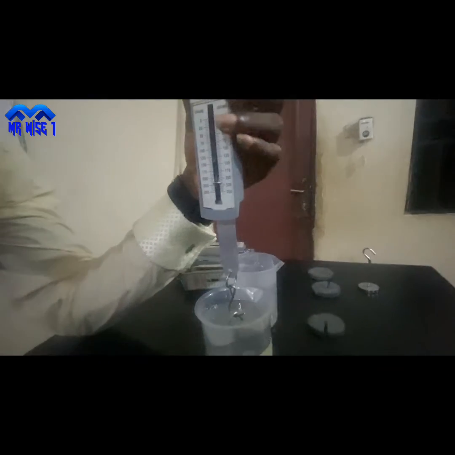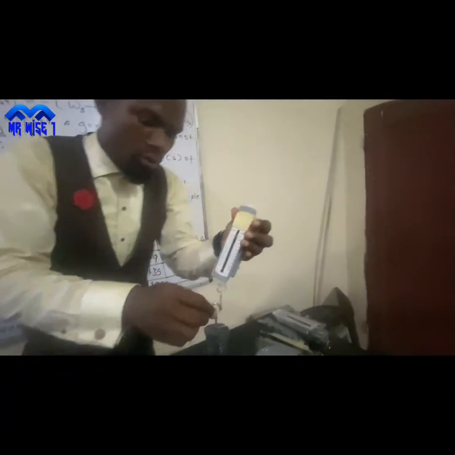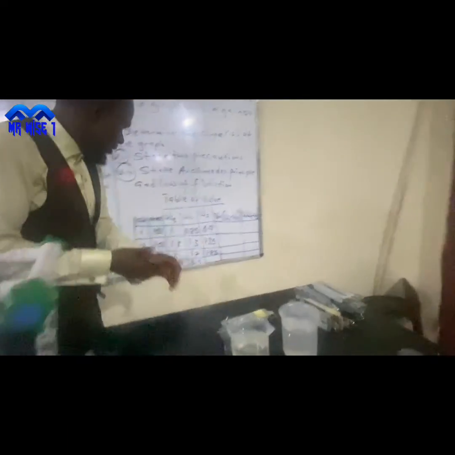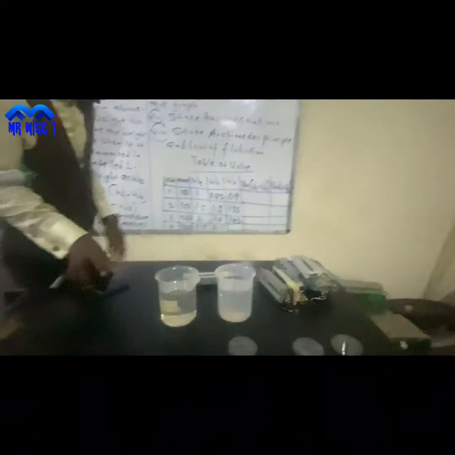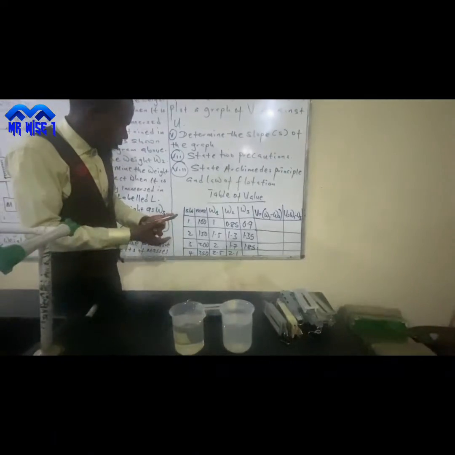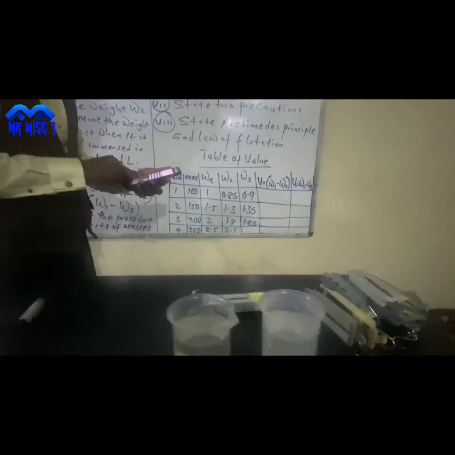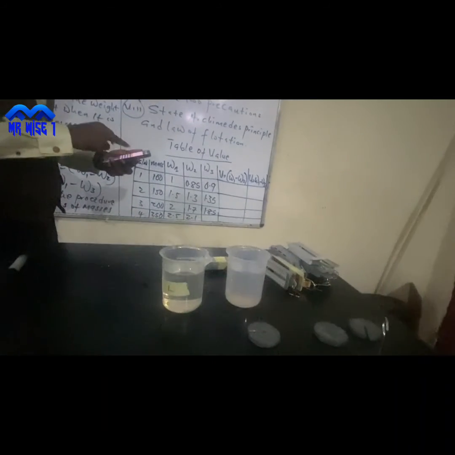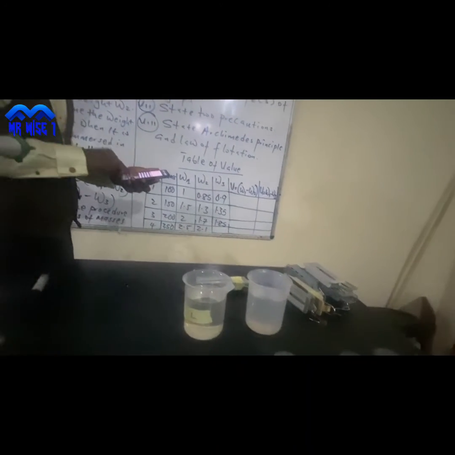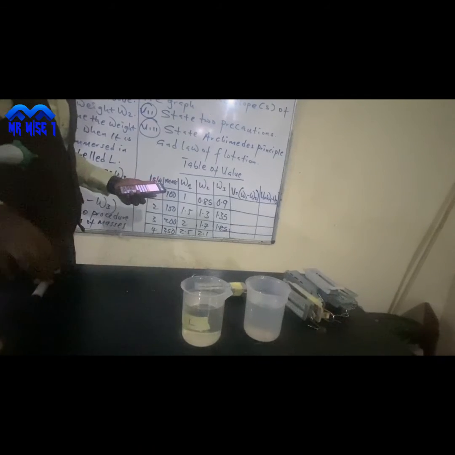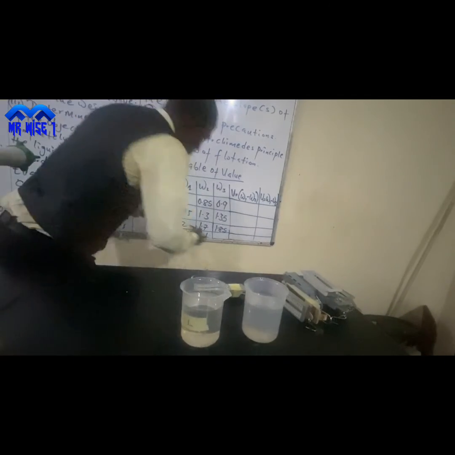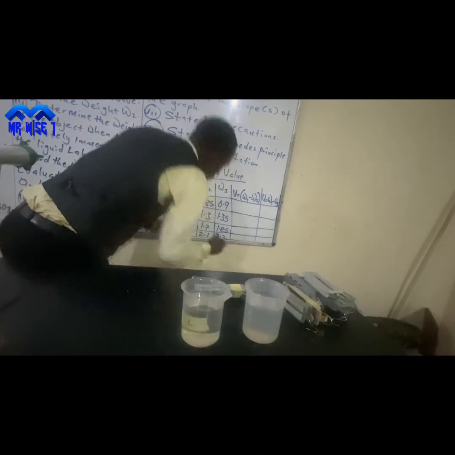So this is 220. 220 divided by 1000, I have my 0.22. 0.22 times 10, I have my 2.2.